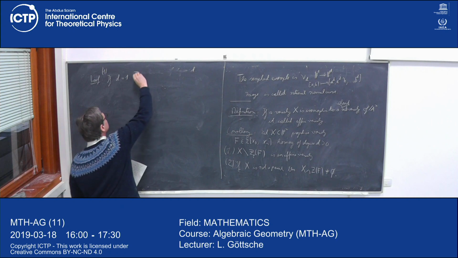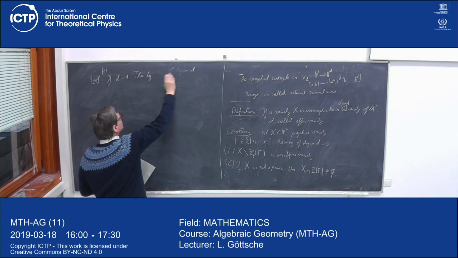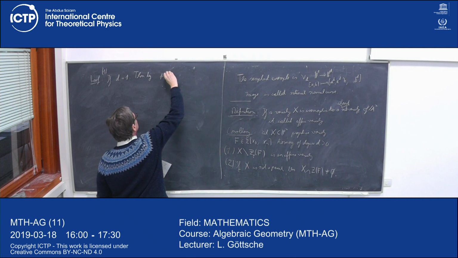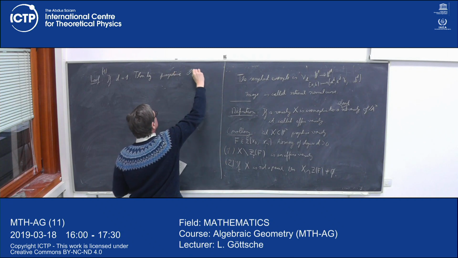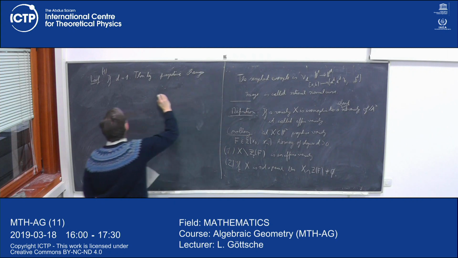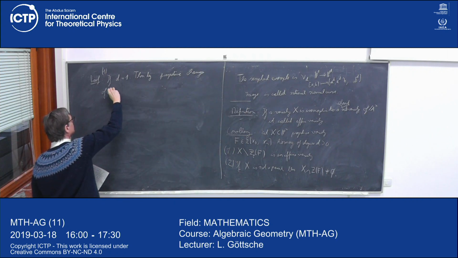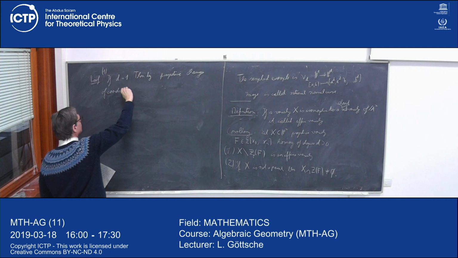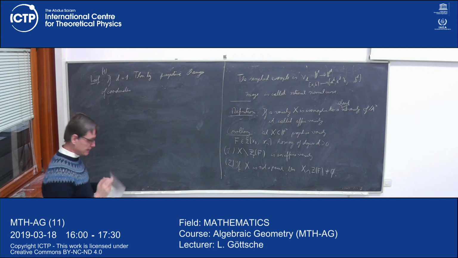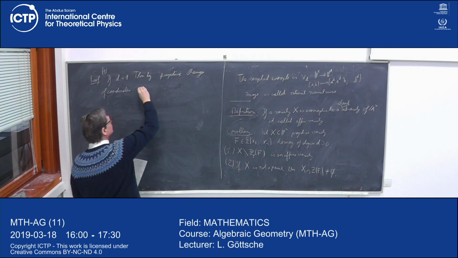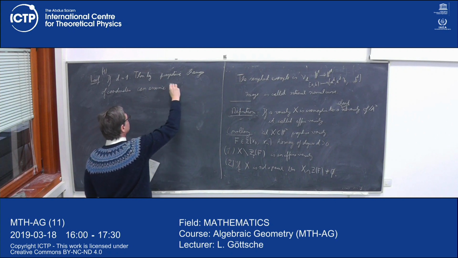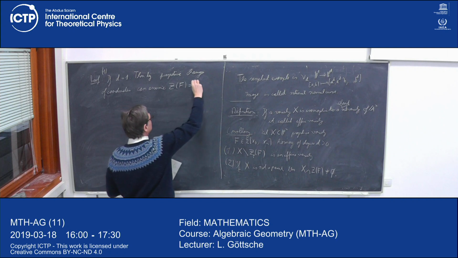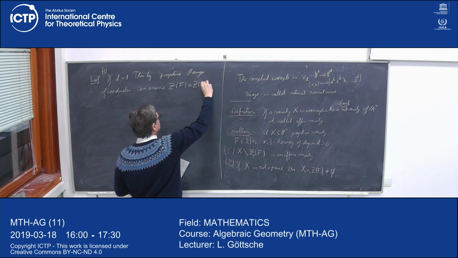Then by a projective transformation or projective change of coordinates, which defines an isomorphism of P^n with itself, we can assume that the zero set of F is just the zero set of X0.